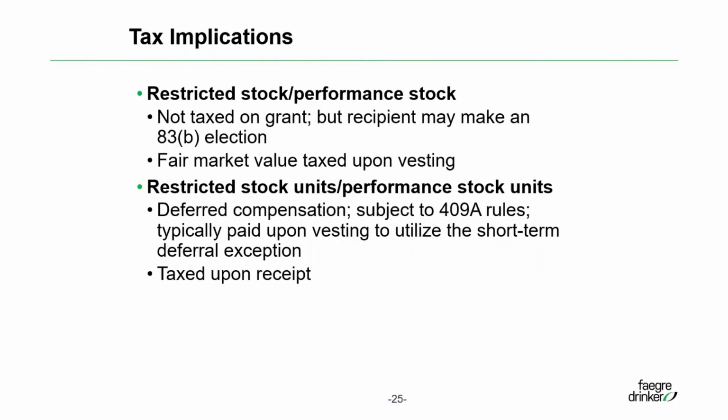The other type of award that may be provided for in your omnibus plan is called a restricted stock grant or a performance stock grant. And basically what it is, the company actually gives you stock, but the stock is subject to transfer restrictions. And the transfer restrictions could get waived if you stick around with the company for a period of time, maybe 3 years.